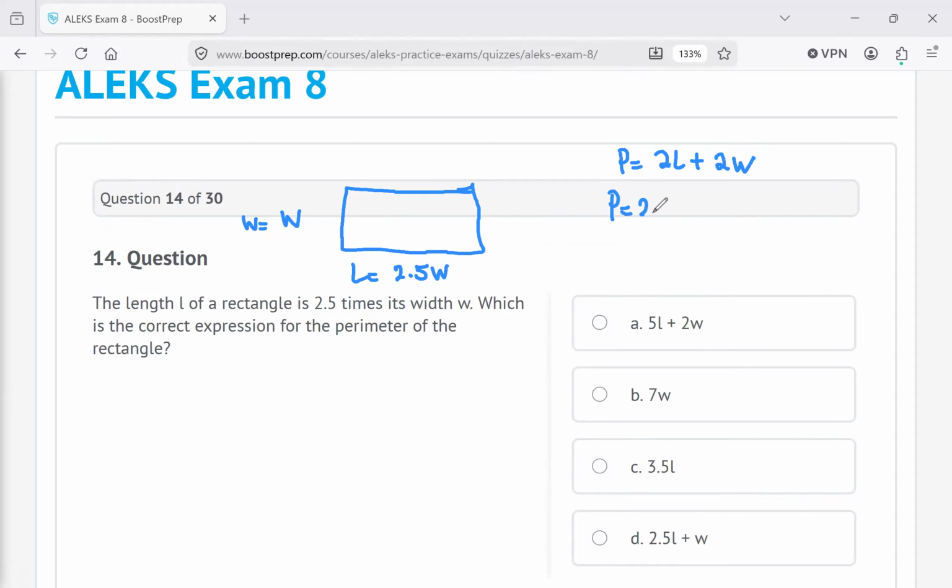So it's going to be 2 times L, which is 2 times 2.5W, plus 2W. So that is going to be 5W plus 2W, just 7W. So that is letter B.